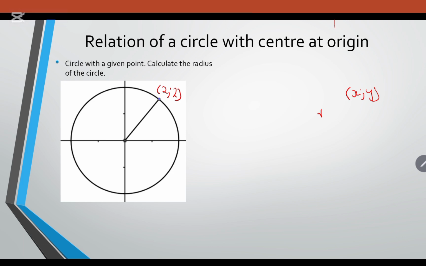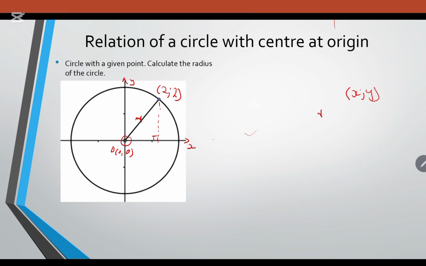Now let us consider this circle. So this circle has its center at the origin. The coordinate of the origin is 0 and 0. Now we need to find the length of the radius. Given the point on the circumference is 2 and 2, all we need to do is complete a right-angled triangle by dropping a perpendicular from that point.